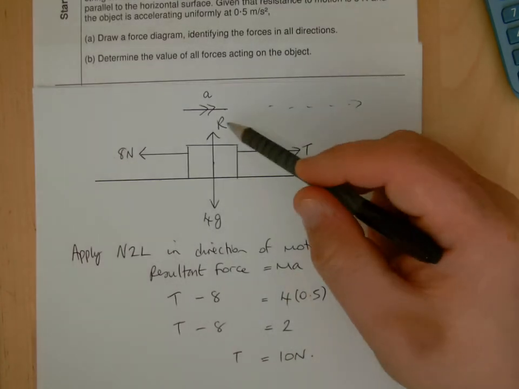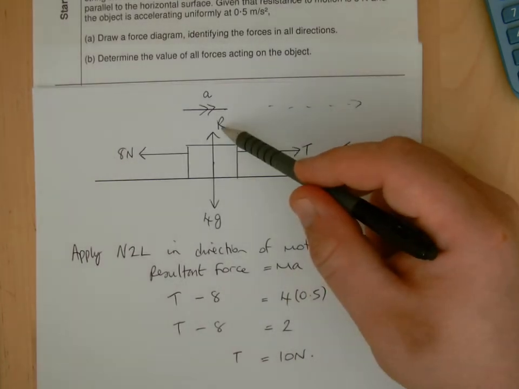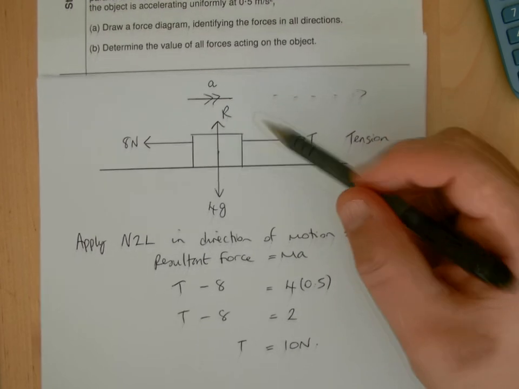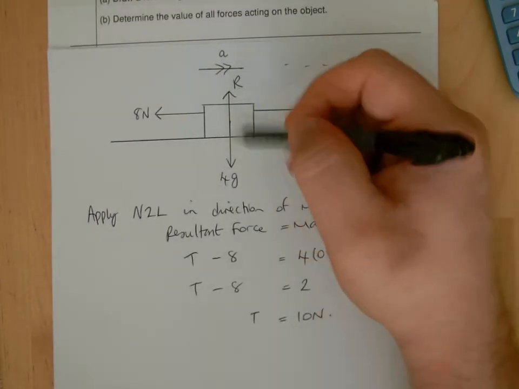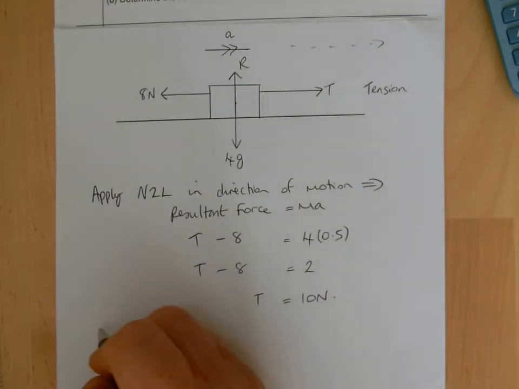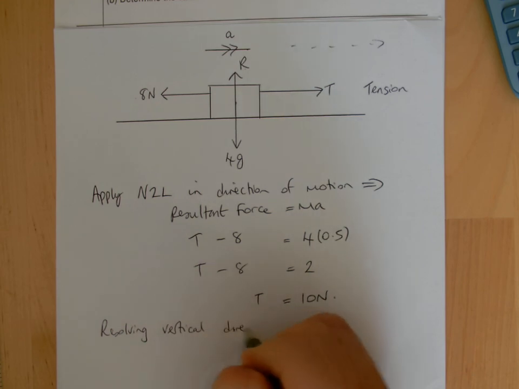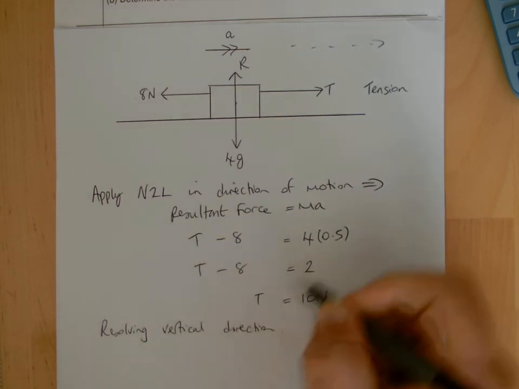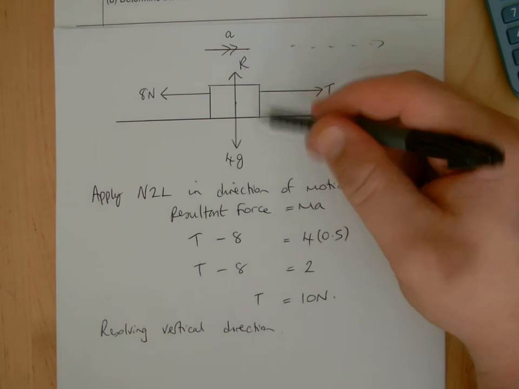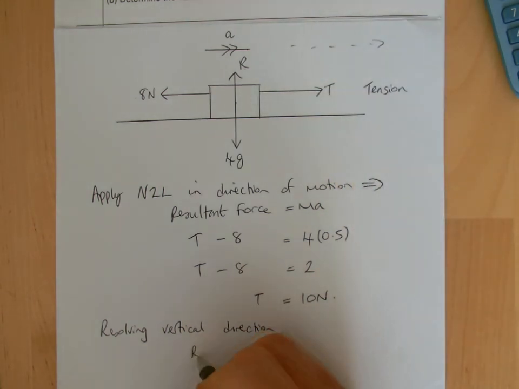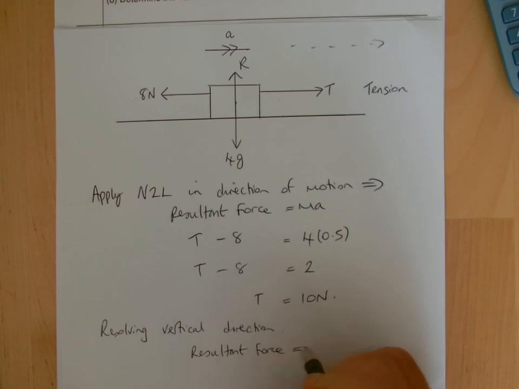Okay, the other force we need to find is R as well. Now, R is easy. When we resolve vertically, in the vertical direction, we need to appreciate that the forces are balanced, because there's no movement. So we can say the resultant force is 0.